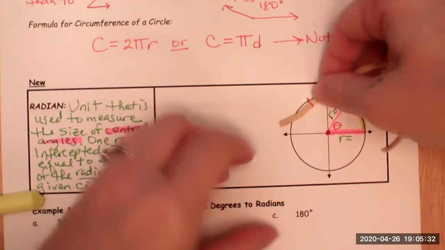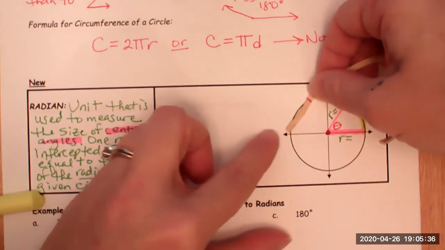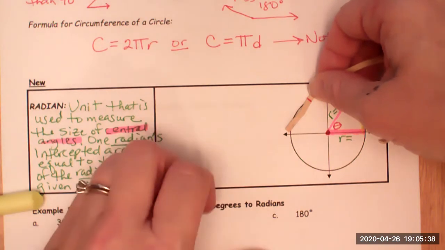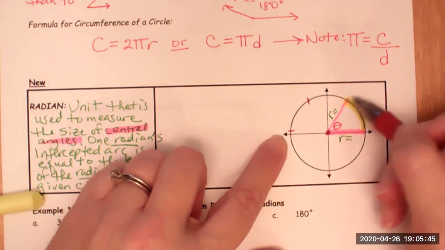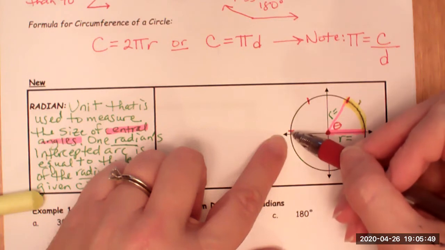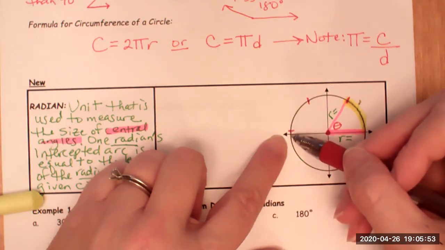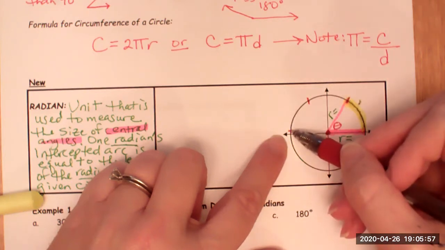And continuing again, if I mark off right to about here, you can count 1, 2, 3, and just a little more radii lengths to this point on the circle.